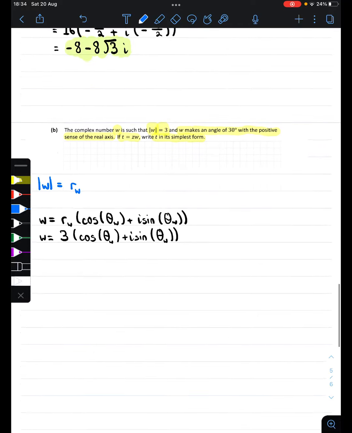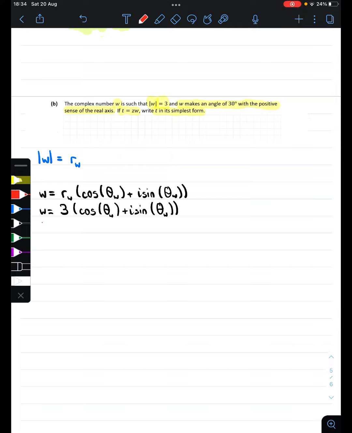And we know that the angle that a complex number makes, let's just write this down. We know that theta is the angle a complex number makes with the positive sense of the real axis. And what does this mean?